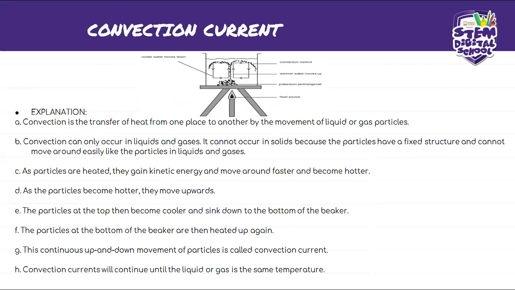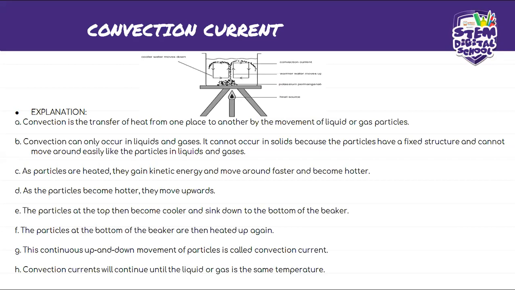As the particles are heated, they gain kinetic energy and move around faster and become hotter. When they become hot, they have less density. They are less dense, so they move up, and the water that is cold has a higher density.